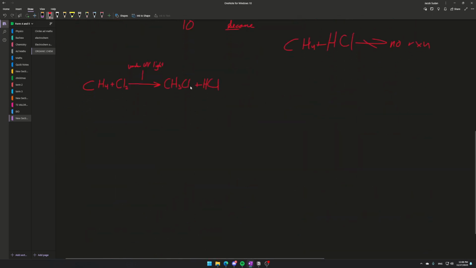And then there could be a double reaction, where CH3Cl plus Cl2 could give us CH2Cl2 plus HCl. But we basically need to know this part here. Under UV light, this reaction can occur. It could occur with bromine, iodine, any of the halogens.